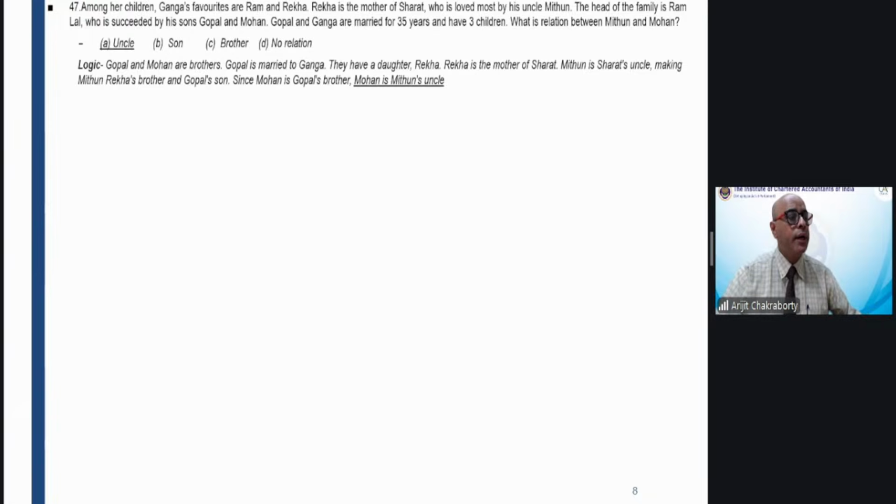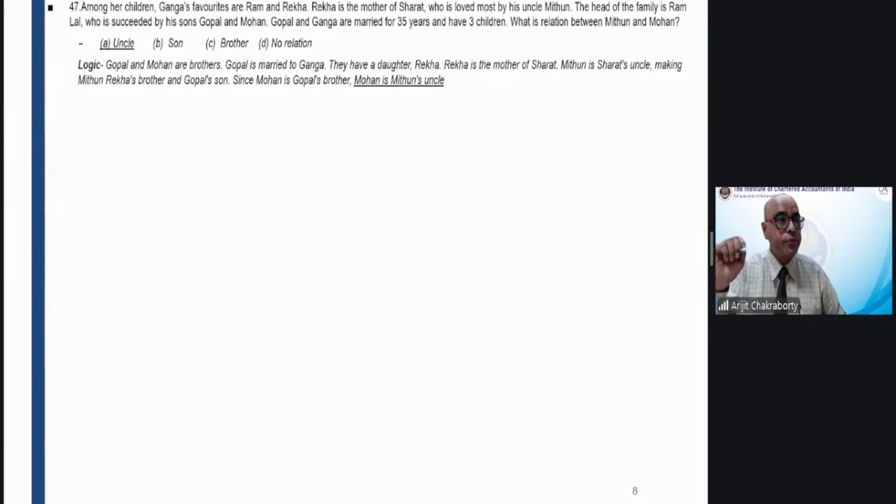And we can see that since Mohan is Gopal's brother, Mohan kaun hai? Gopal's brother hai. So relation between Mohan and Mithun is Mohan has to be Mithun's uncle. Because we can see here, Mithun's sister is Rekha. Rekha's father is Gopal. Gopal's brother is Mohan.